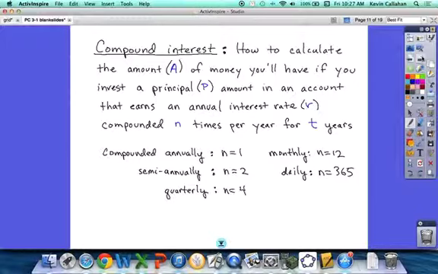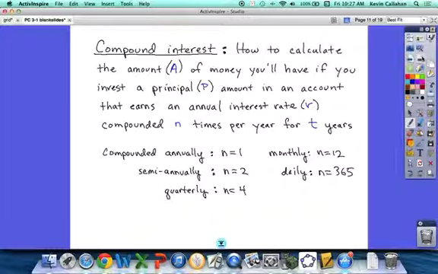So what do you think that does to the total amount of money you're going to have? It makes it more, right? It doesn't double, but it makes it more. So compound interest is how investments work, all right? That's just how it works, right? The problems that we're going to do, we're going to end up with a couple of formulas.